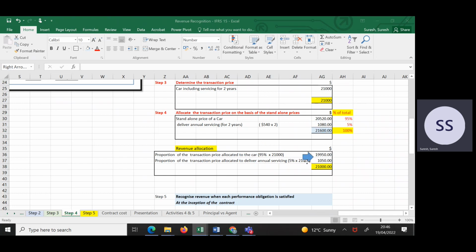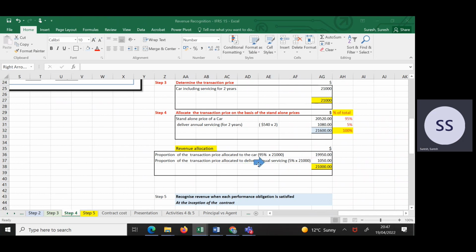That means out of my total revenue, the transaction price I'm receiving, in my books I will record 19,950 as revenue from car.